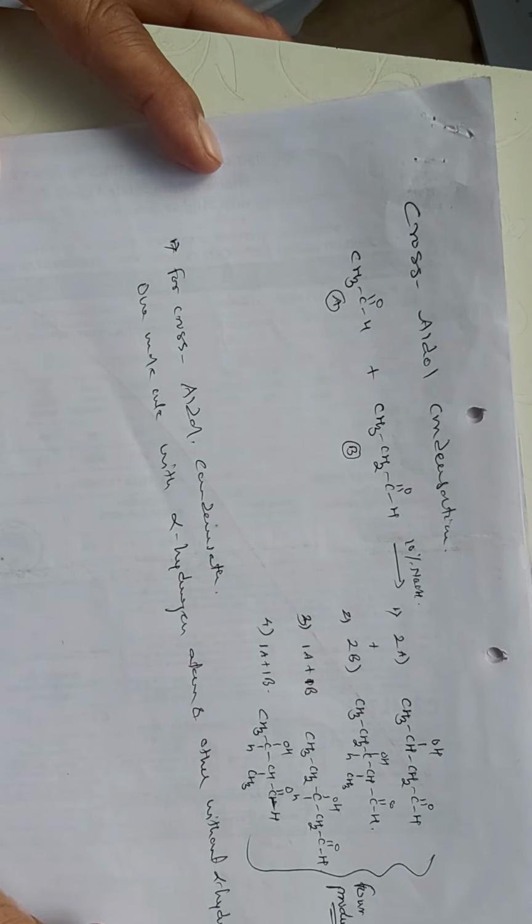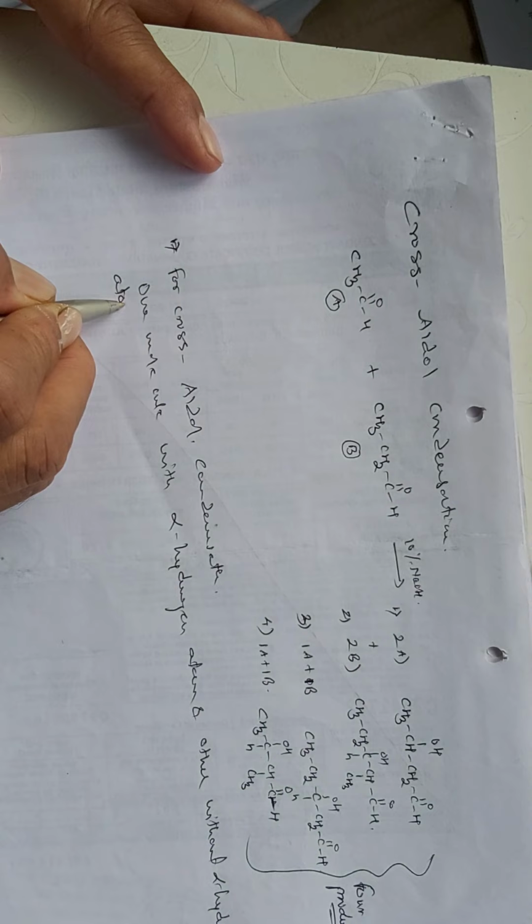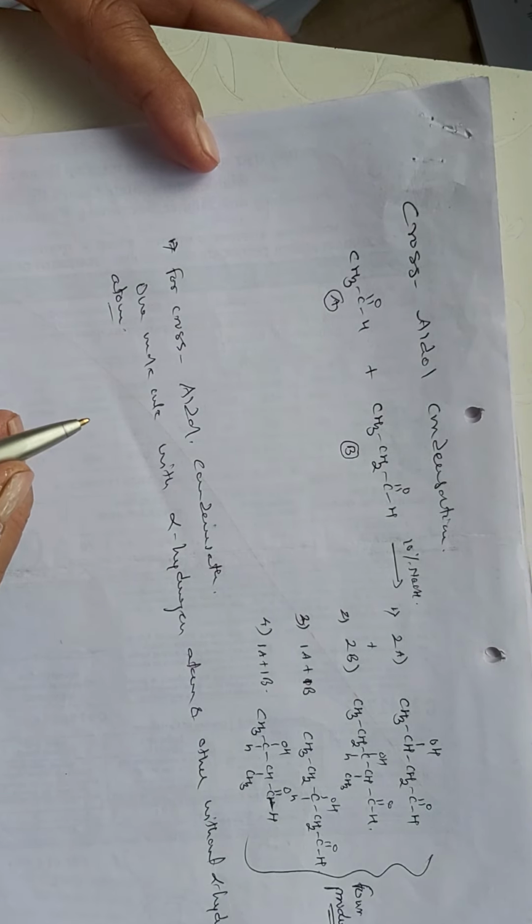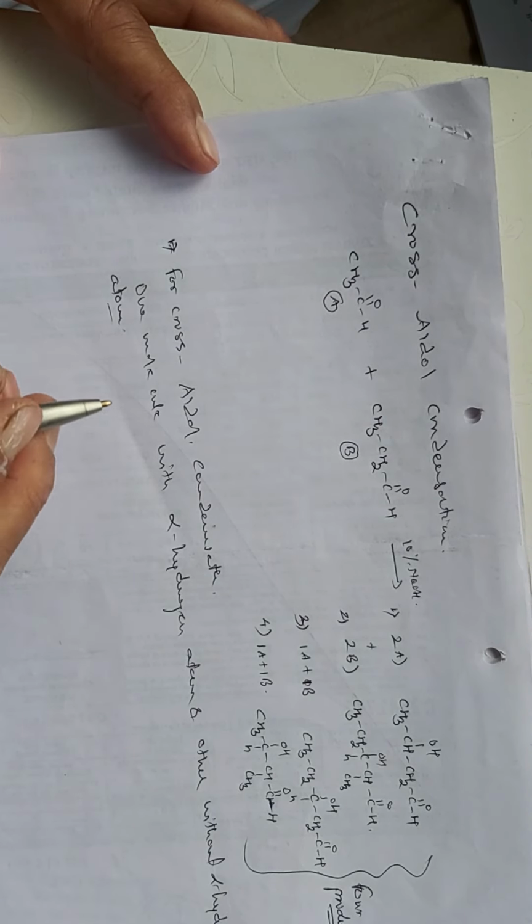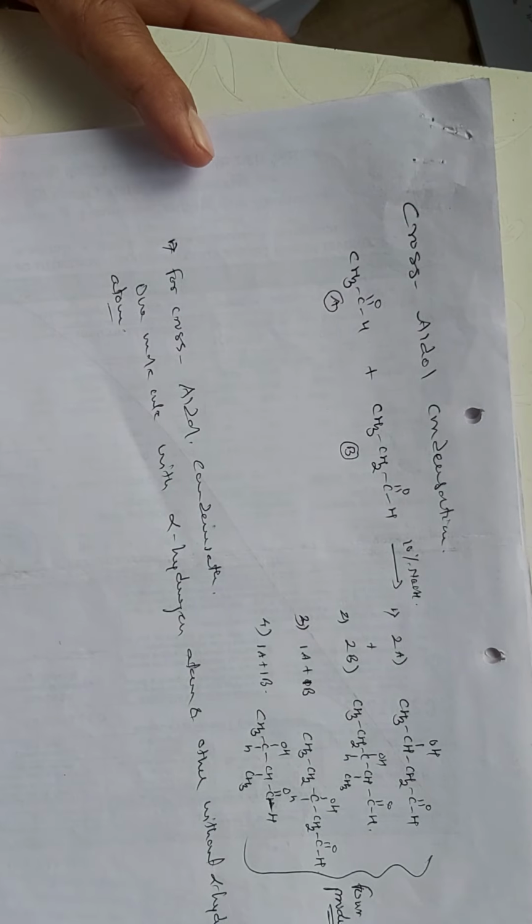The molecules without alpha hydrogen atoms, such as formaldehyde and benzaldehyde, may be allowed to react with different aldehydes or ketones having alpha hydrogen atoms.